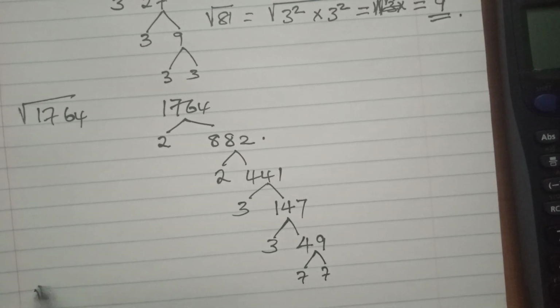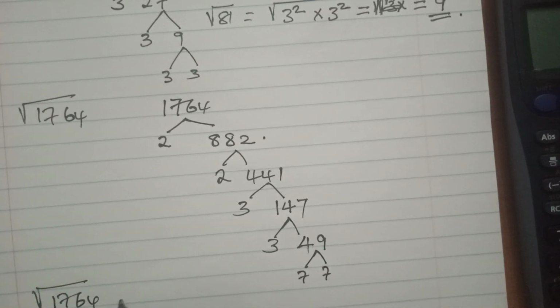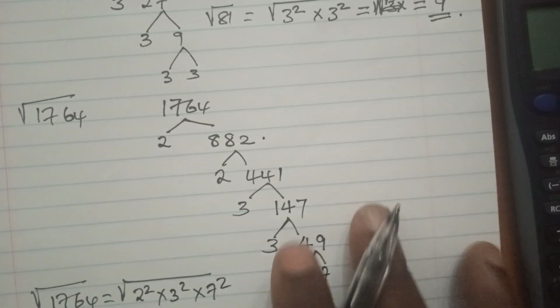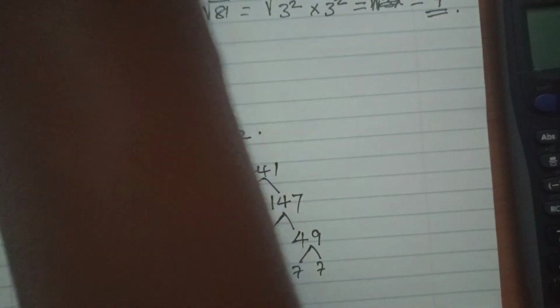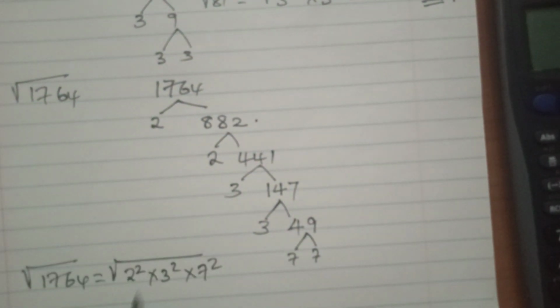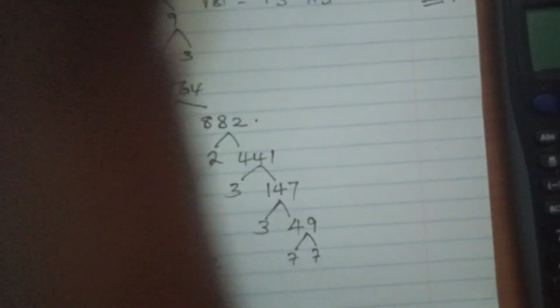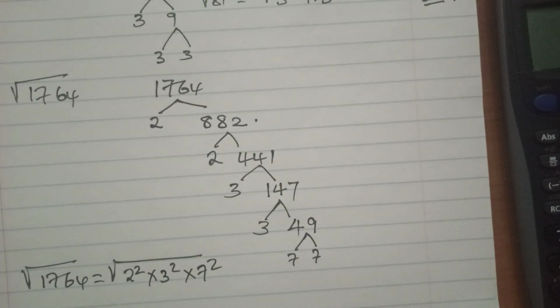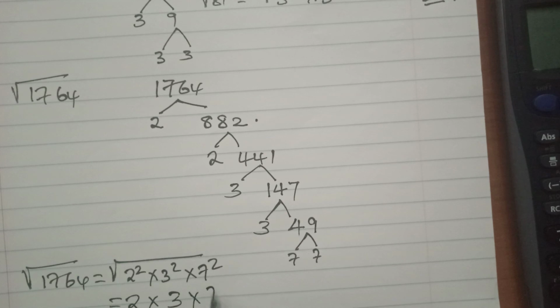So the square root of 1764 is the same as the square root of 2 squared times 3 squared times 7 squared. And the moment we have that, the square root of 2 squared is 2, the square root of 3 squared is 3, and the square root of 7 squared is 7.